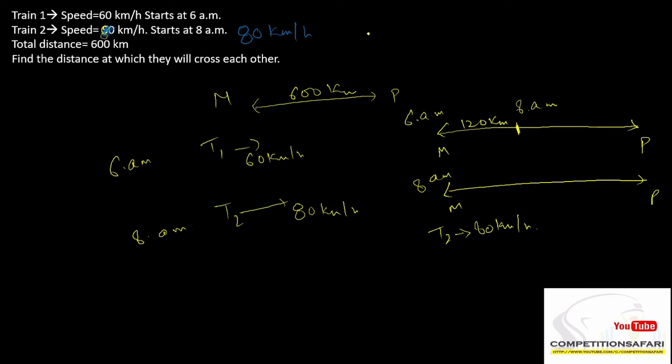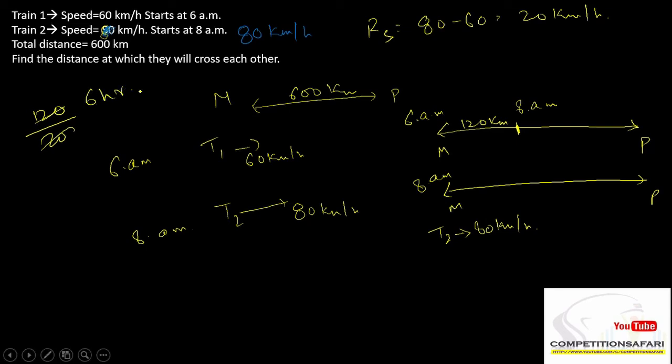So in this case, the total relative speed should be 80 minus 60, which gives you 20 kilometers per hour. And the total distance it has to cover is when train 1 is 120 kilometers ahead. So train 1 is 120 kilometers ahead and the relative speed is 20.